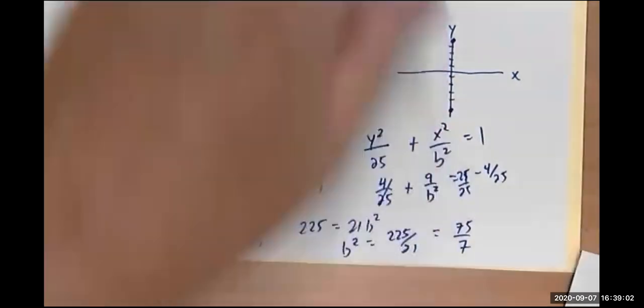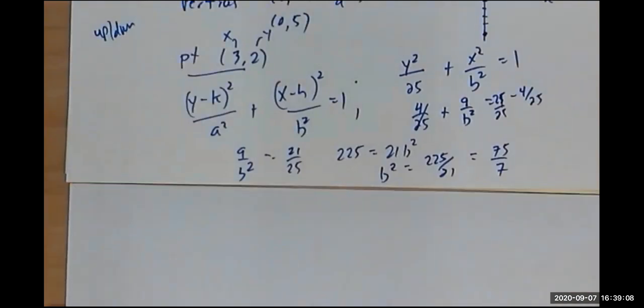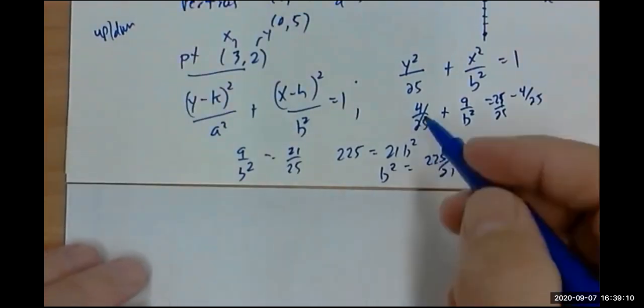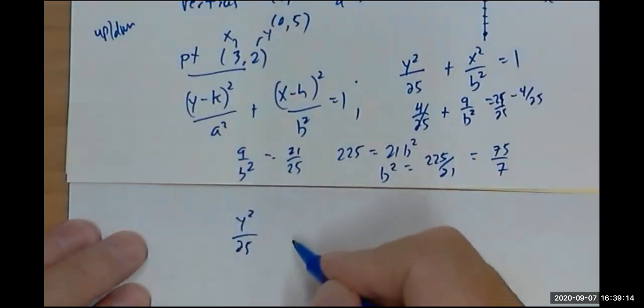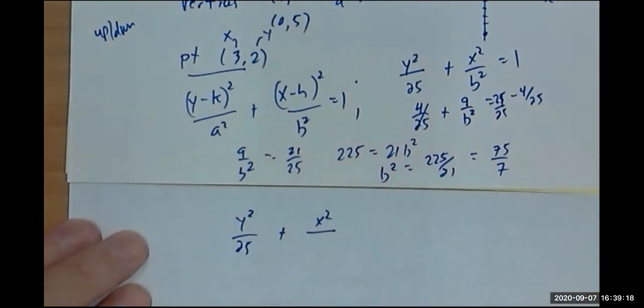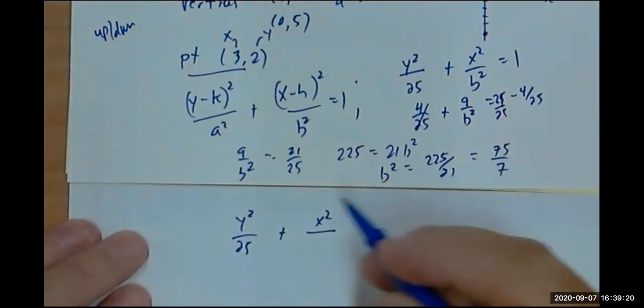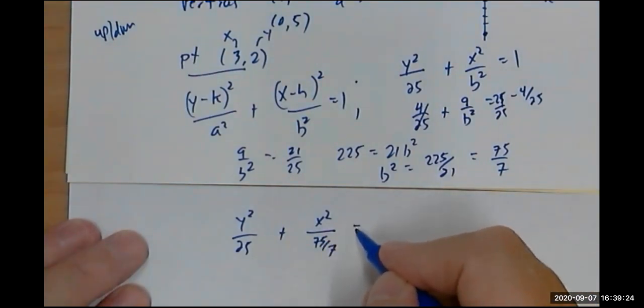So what's going to happen is, I know it's y squared over 25 plus x squared over b squared, which is 75 over 7.